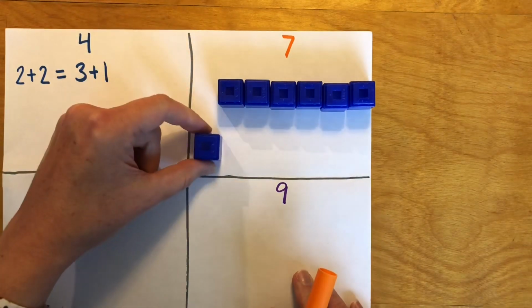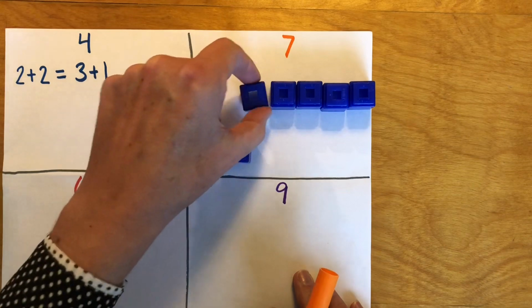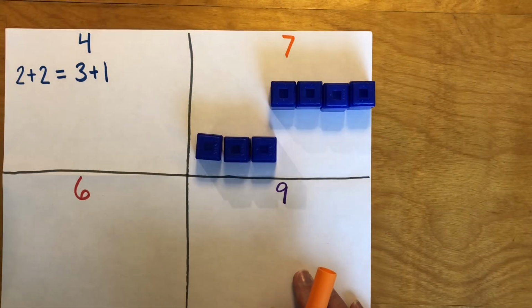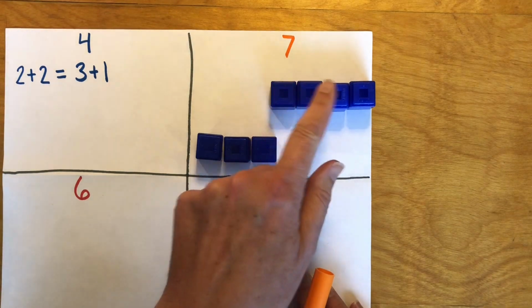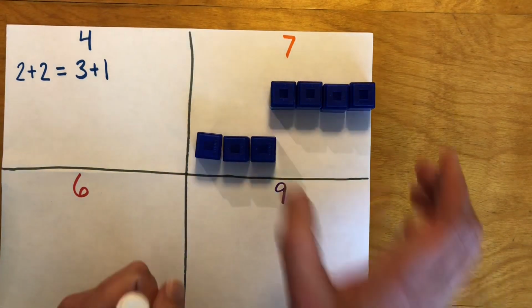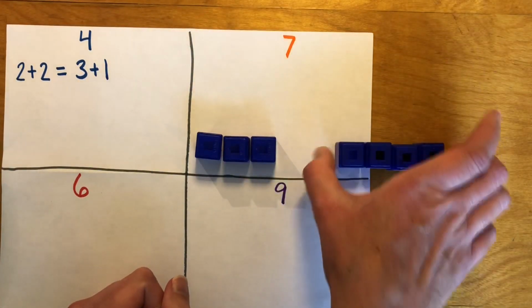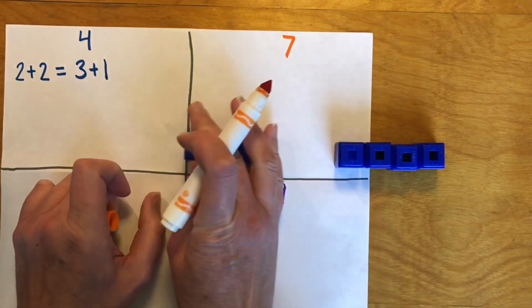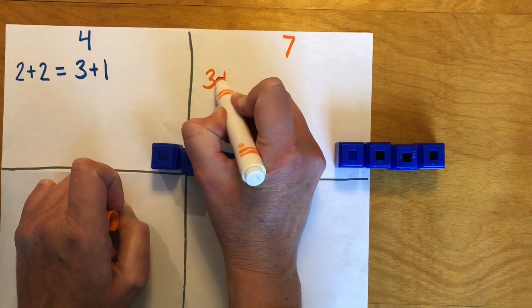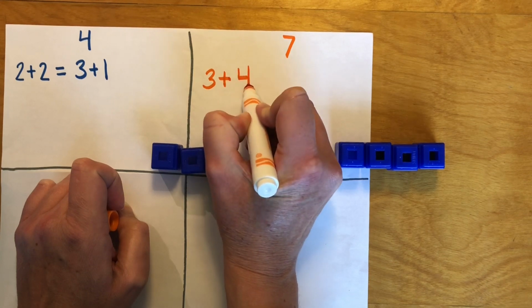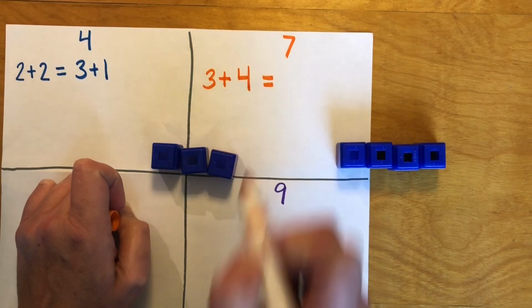So let's start with 1, 2, 3. Let's do it like this. 1, 2, 3, and 1, 2, 3, 4. 3 and 4 equals 7.